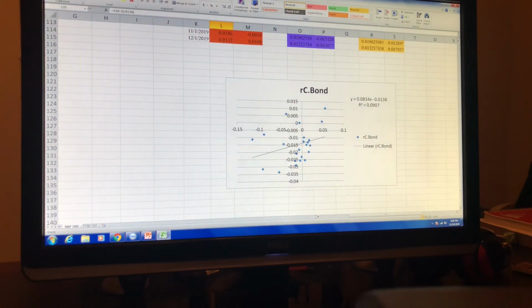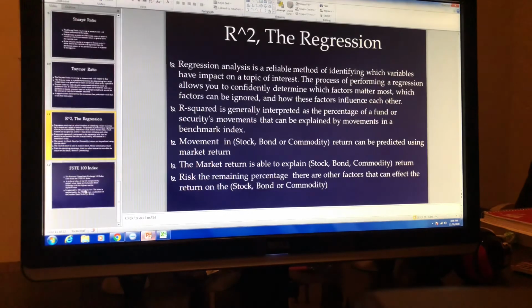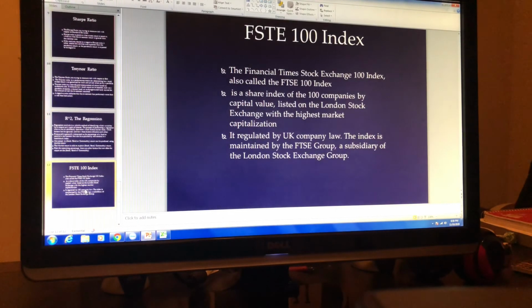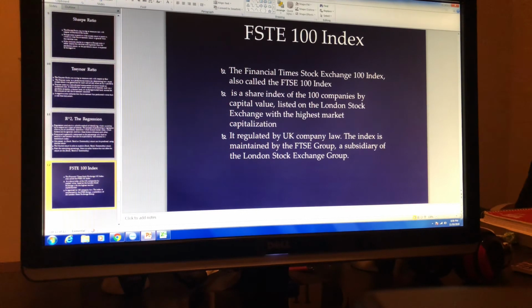And for the last part, the last question of the case study, we were asked to go through and do the whole process again, evaluating a different index. So I chose the FTSE 100 index, the Financial Times Stock Exchange 100 index.